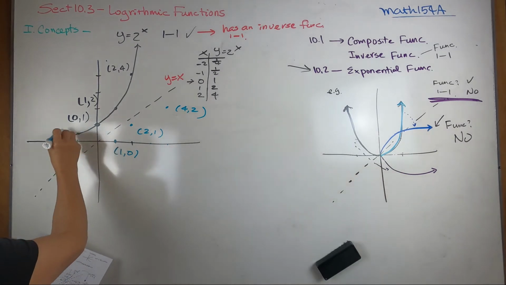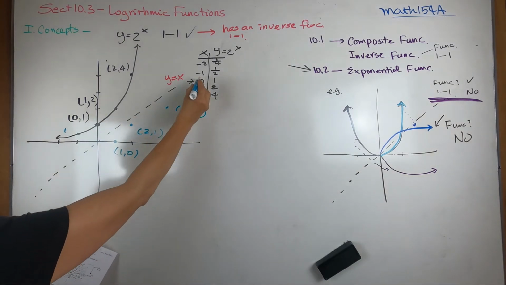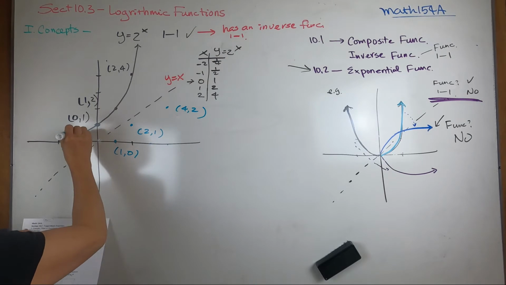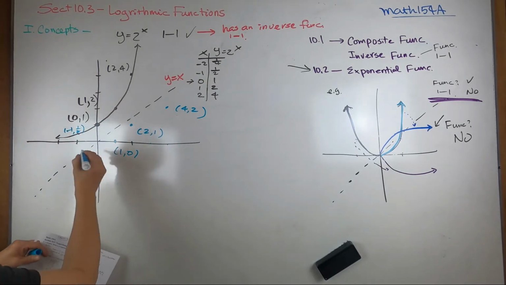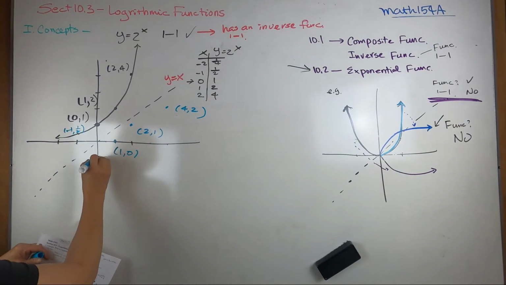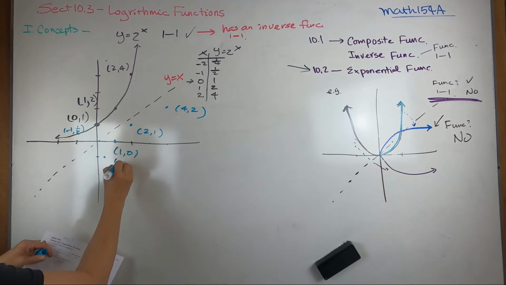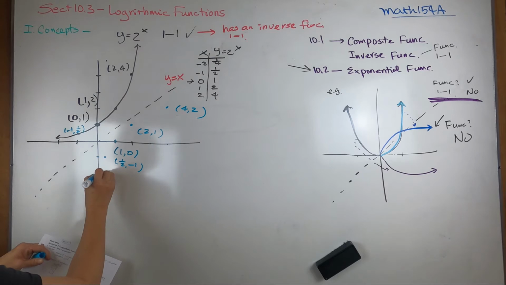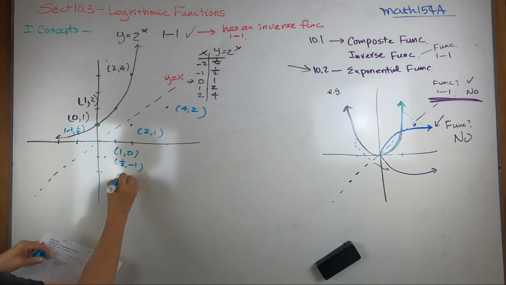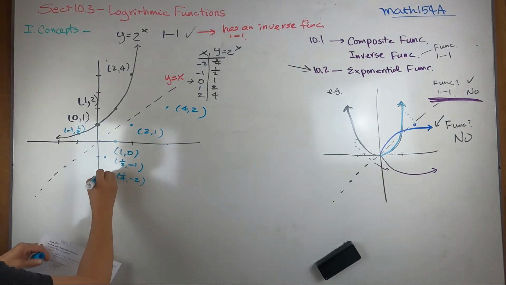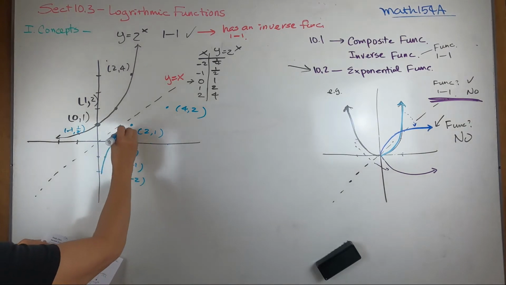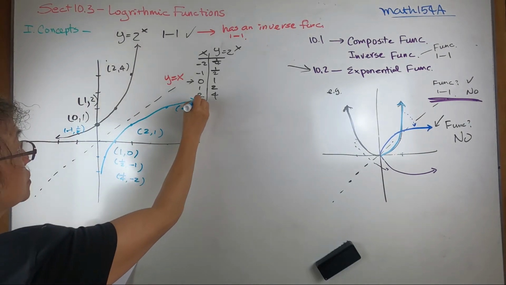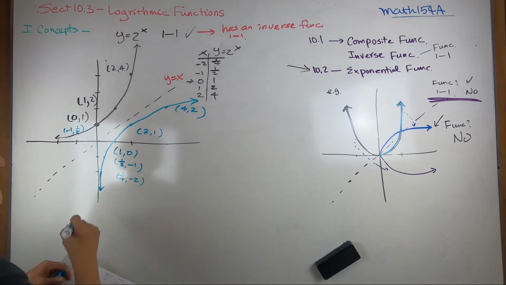And this one is what? -1 and half. Reversed it will be what? Half and -1, right? And this one will be what? A quarter and -2, like this. So your inverse will look like this.